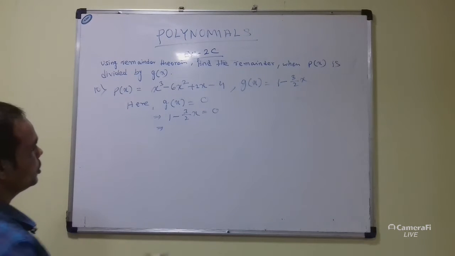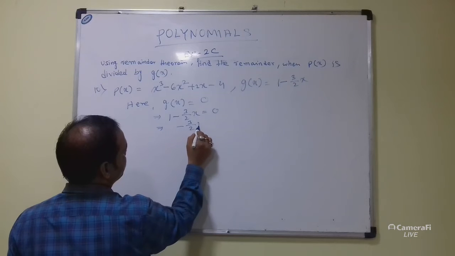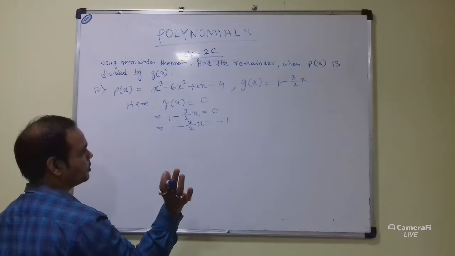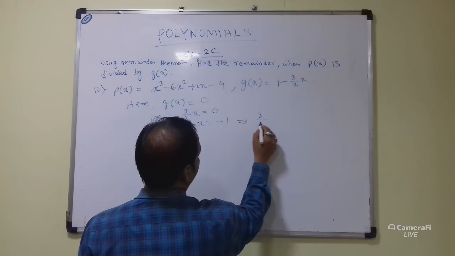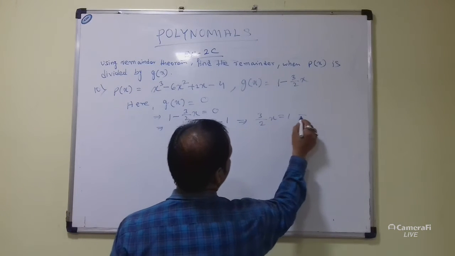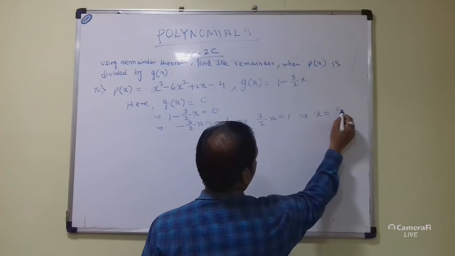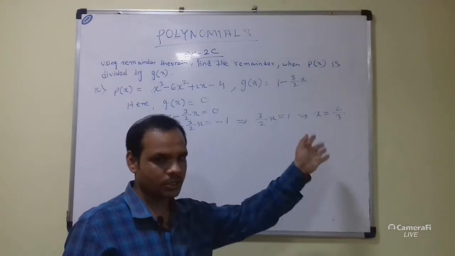Now if we transfer 1 to the right hand side, it will be minus 1, so minus minus will be positive. This implies 3 by 2x is equal to 1. So x is equal to 2 by 3.